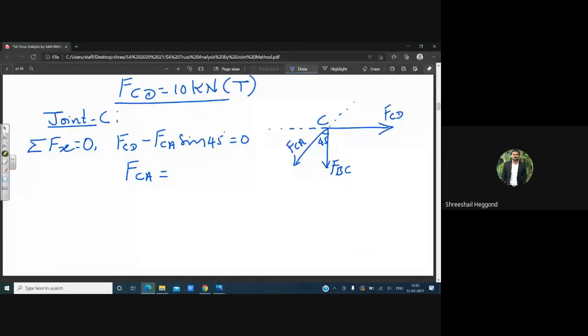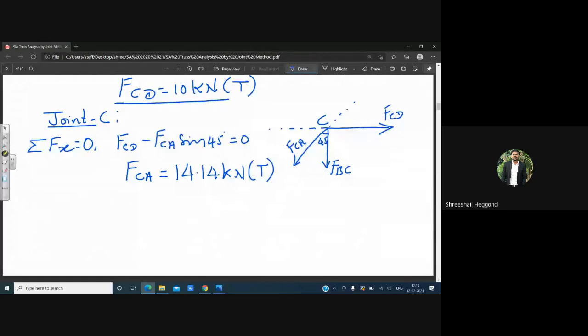That will be a positive value. FCA equals 14.14 kilonewton. It is positive value, so it is in the tension zone.